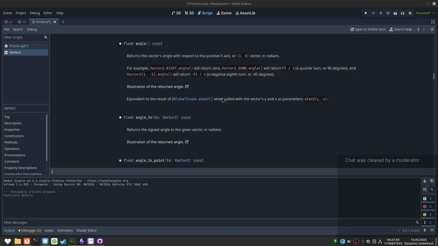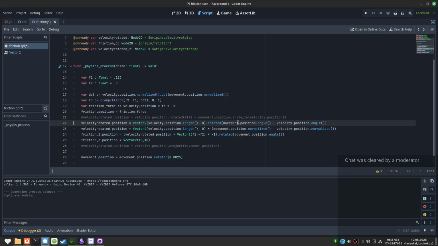So I'm just doing an atan2 here. This might be fine, honestly. And then the dot rotated is just... this is the relative angle. Alright, we can have that.